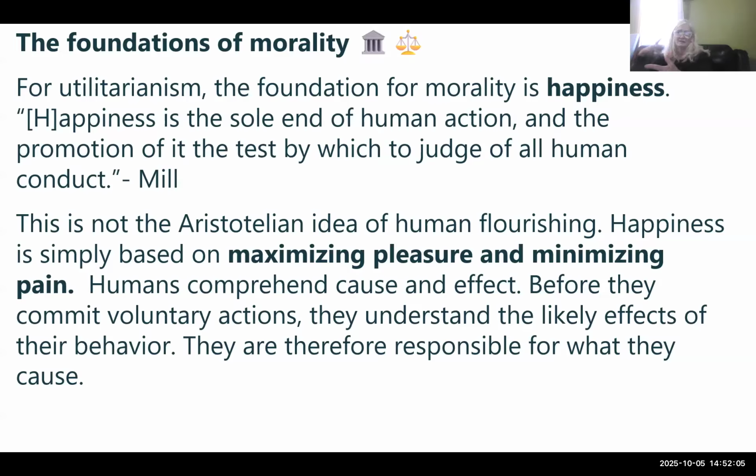I mean, there are certain things that come out of nowhere, but normally things go a certain way, and we learn to expect those ways. Because of that, you are responsible moral agents, people who are responsible for what they cause, not just for what they intend, according to consequentialism.